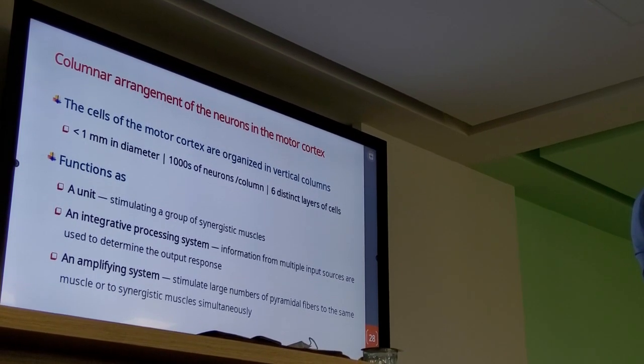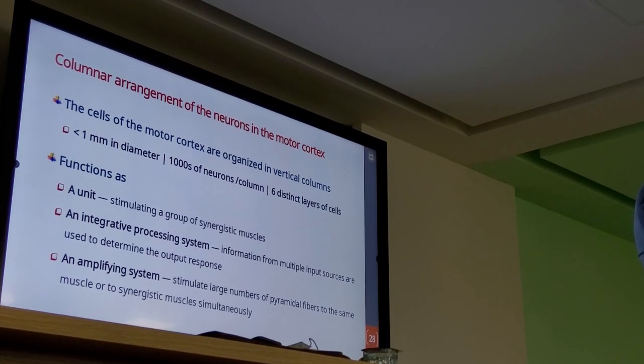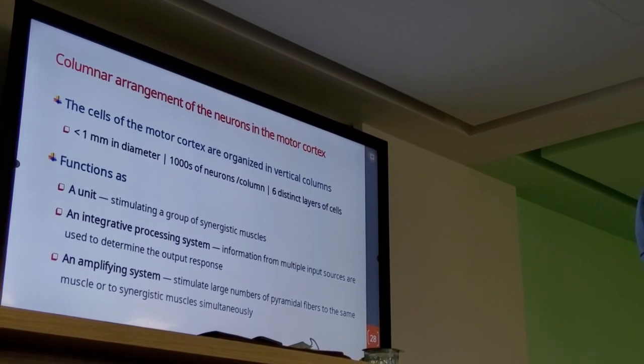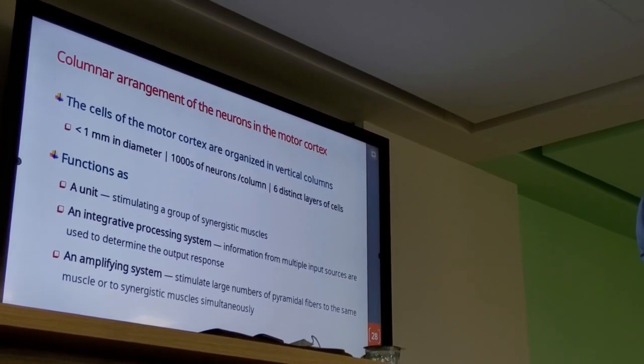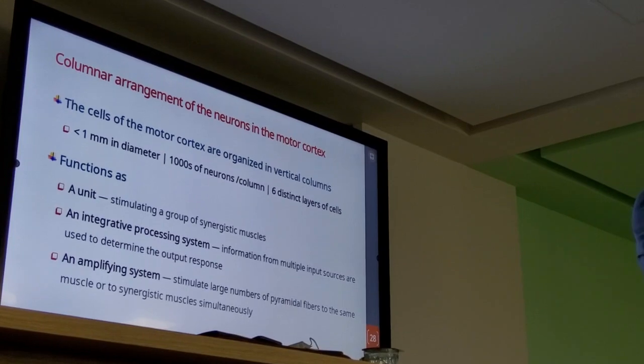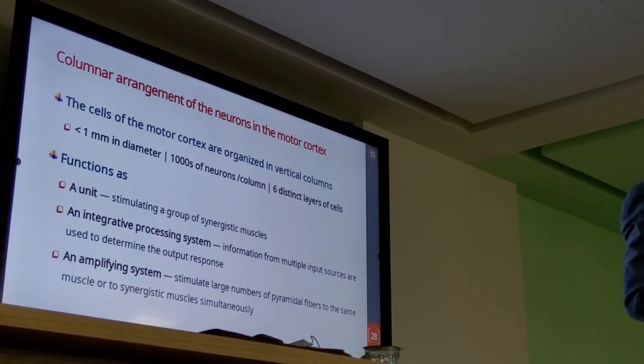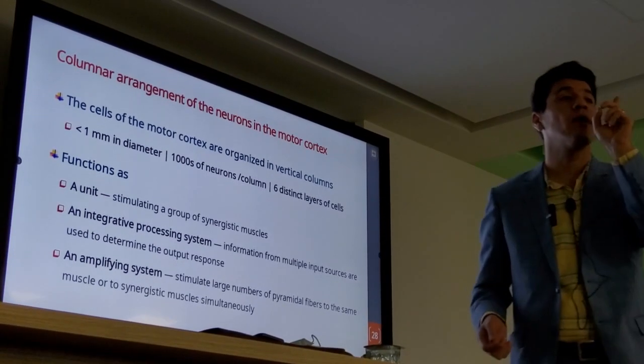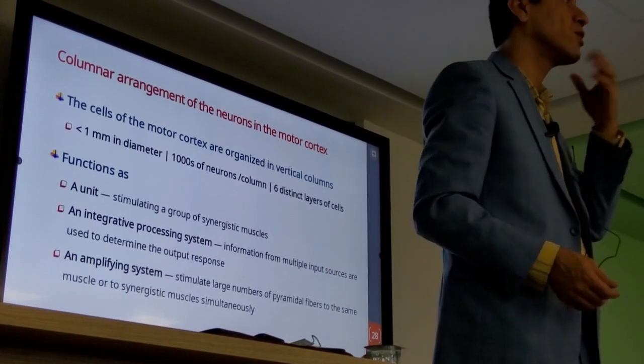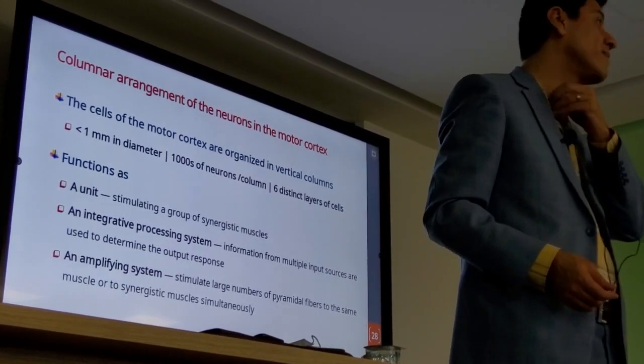There is no boundary between these columns. So in each column, you have some neurons in the molecular layer, some in the outer granule cell layer, some in the outer pyramidal cell layer, and so on. And each column is mainly involved for a specific function or for a specific movement.